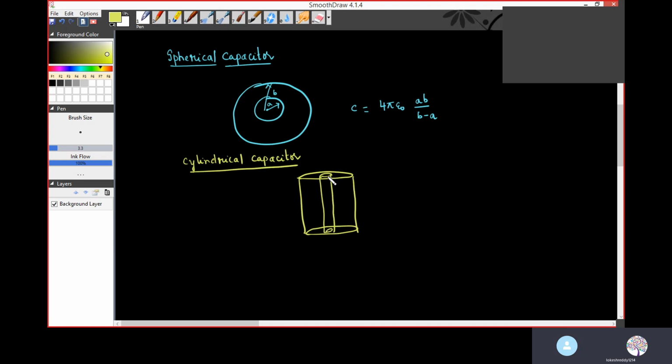Let us take this as A and that as B. Then C is equal to 2 pi epsilon naught L by log B by A, base e. And this is the cylindrical capacitor. Now for the parallel plate capacitor, it is epsilon naught A by D.